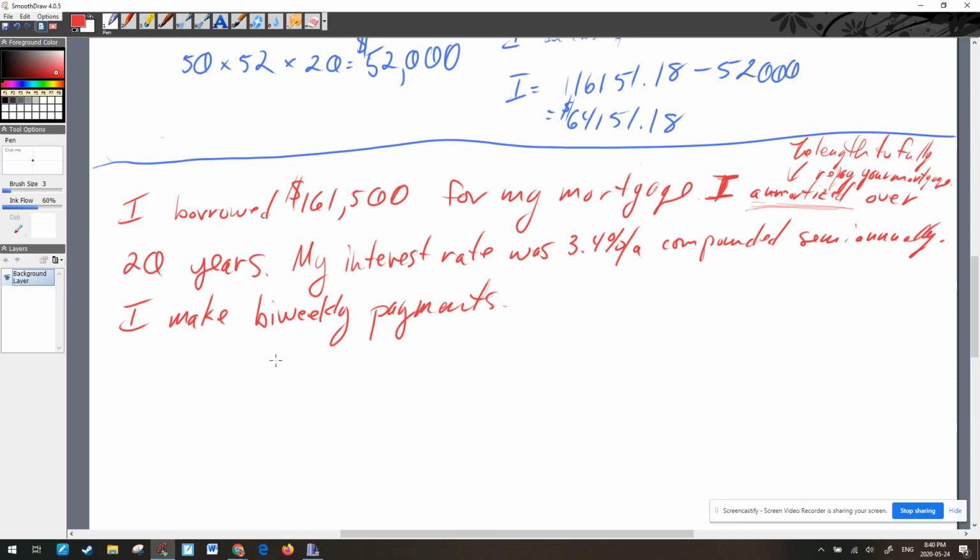So I make bi-weekly payments. That means, of course, as you can guess, every 2 weeks, which, believe it or not, is not the same thing as semi-monthly.